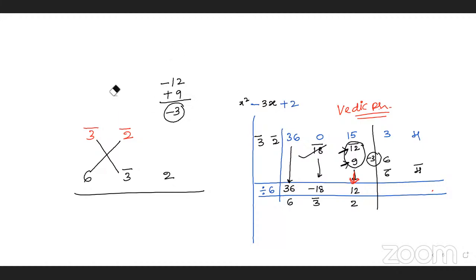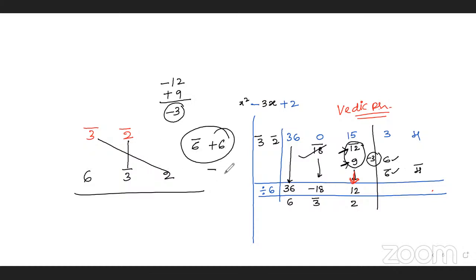What is the next step? Let us see. The next step is this multiplication. That gives us minus 6 and plus 6. Minus 6 plus 6. If you solve by vertical crosswise, this value you directly get as 0. There is no need to write these two things. You can write 0 directly if you use vertical crosswise.